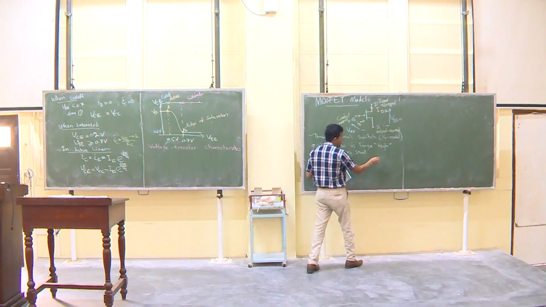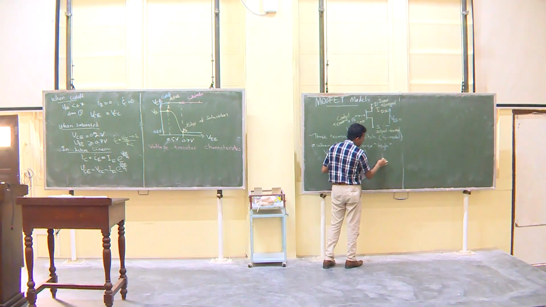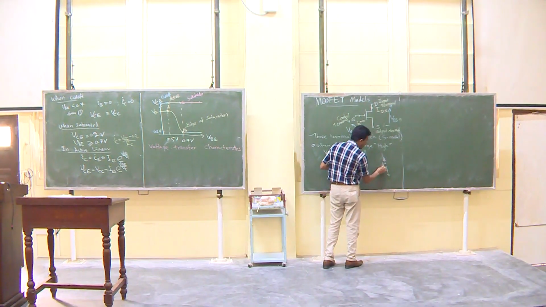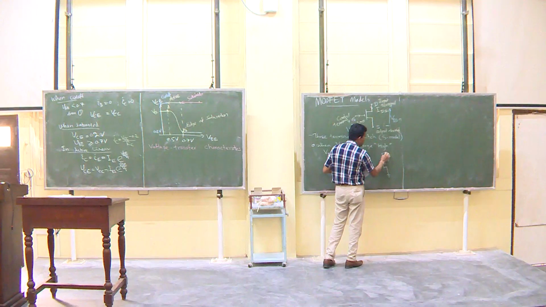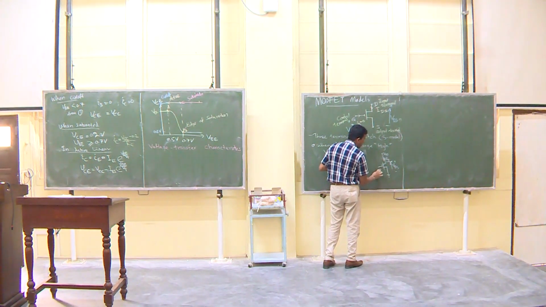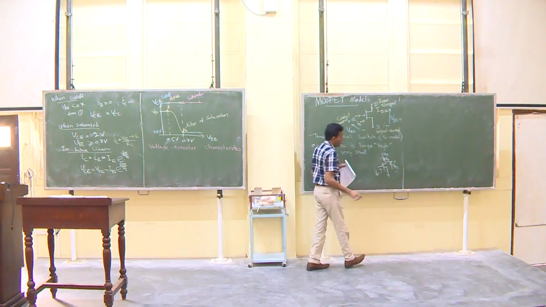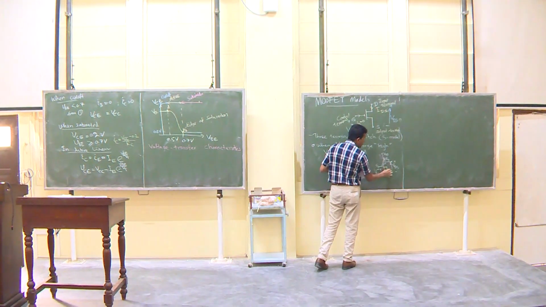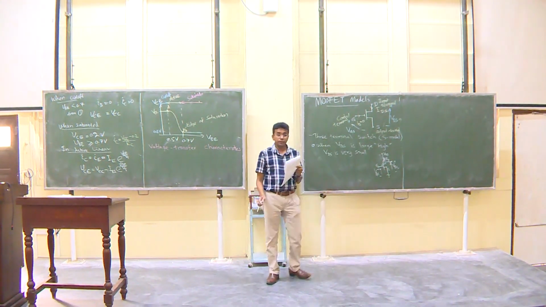Now, what is the circuit here? We forgot to draw the circuit. This is the output VDS. VGS, gate, drain, source, right.